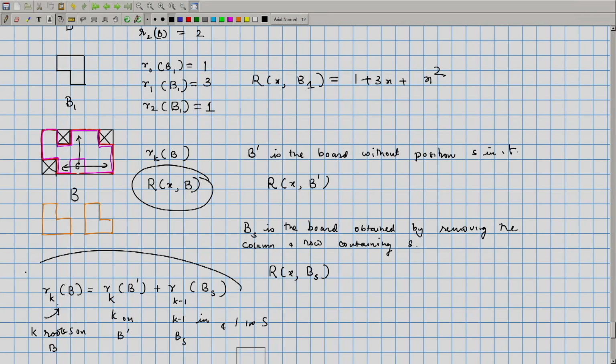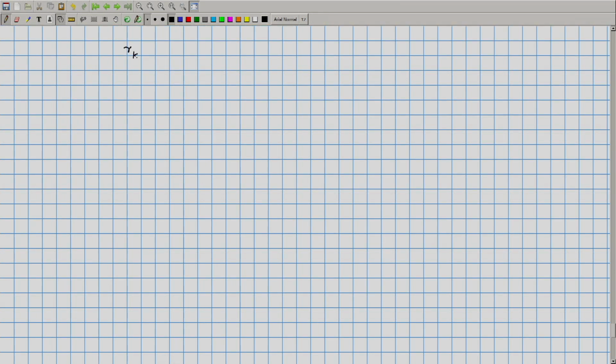Now, from this recursive formula we can give an expression for the Rook polynomial of B. What we know is R k B is equal to R k B prime plus R k minus 1 B S. We can multiply this expression by x raised to k, to get R k B x raised to k is equal to R k B prime x raised to k plus R k minus 1 B S x raised to k.